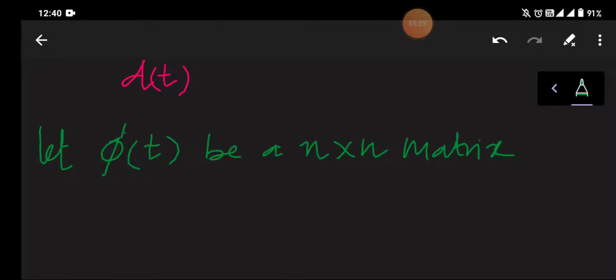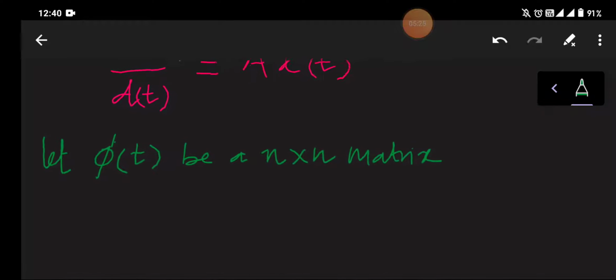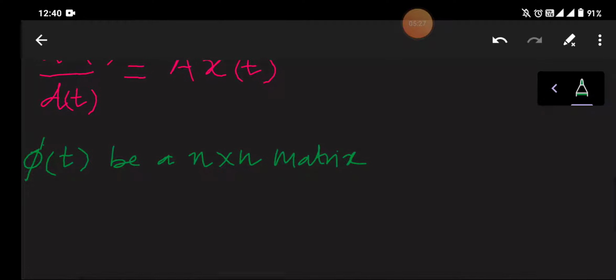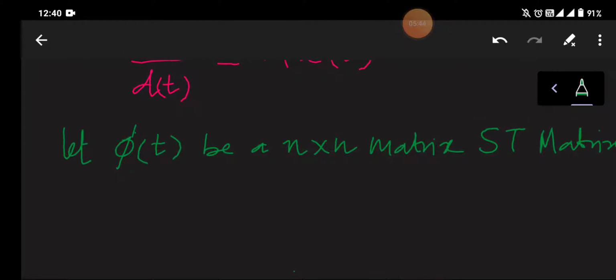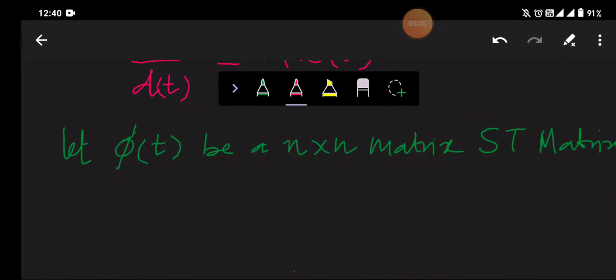In short, I am writing it as ST matrix. So phi t is our state transition matrix, which is an n by n matrix.